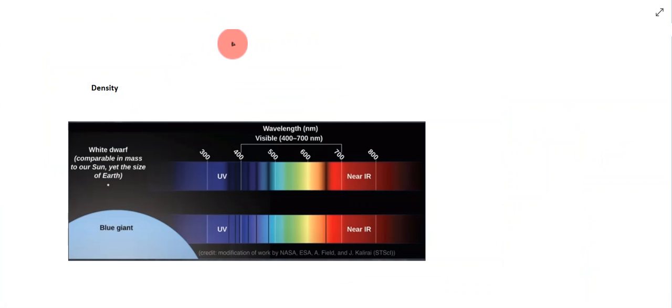Now, we can also look at properties such as density by looking at these spectra generated by stars. For example, we have a white dwarf here. We have a lot of matter that's very, very densely packed, and the light is passing through the photosphere of these very densely packed white dwarfs. That impacts the absorption lines being generated, as you can see here.